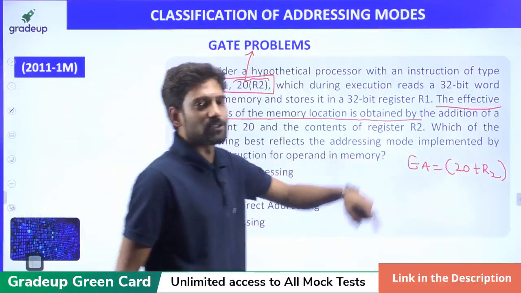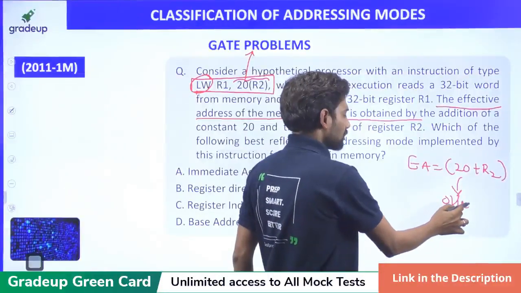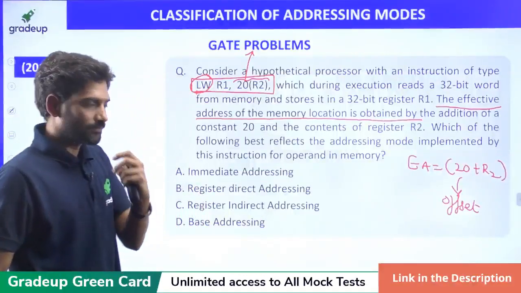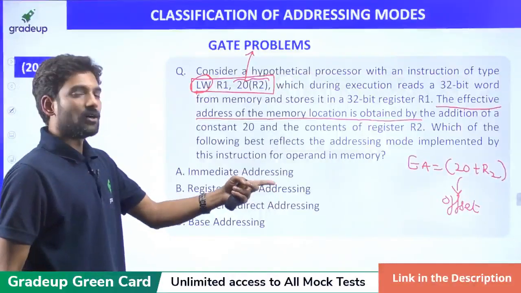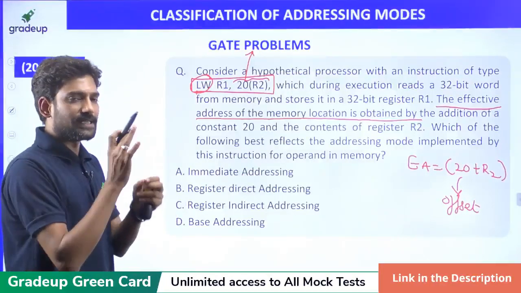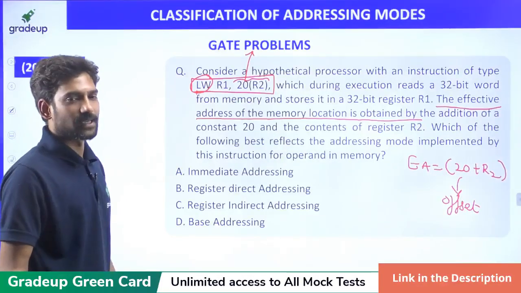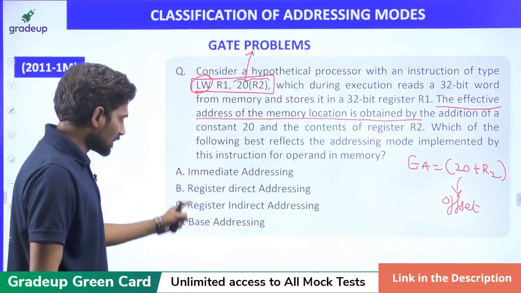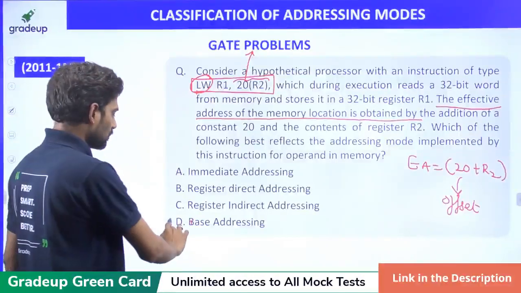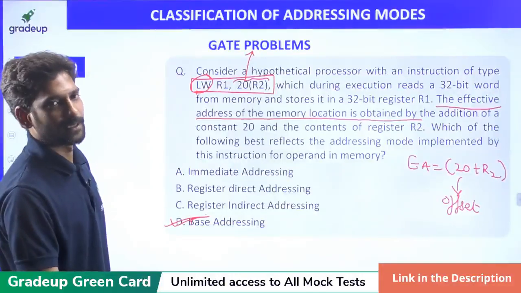What is this 20 called? Offset. In which addressing mode is the offset added to the given address? Base addressing. So base addressing is the correct answer.